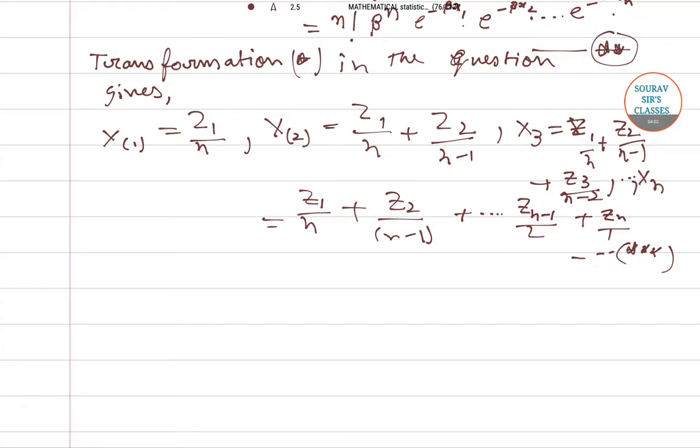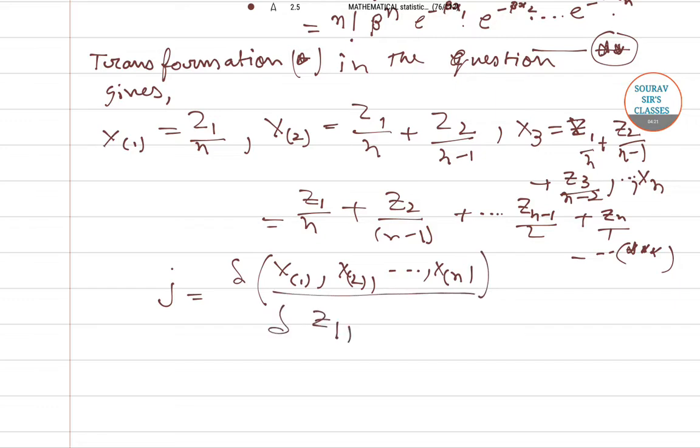Now from here we can simply write down the value of J, which is the Jacobian of x1, x2, ..., xn with respect to z1, z2, z3, ..., zn, which equals 1 by n factorial.